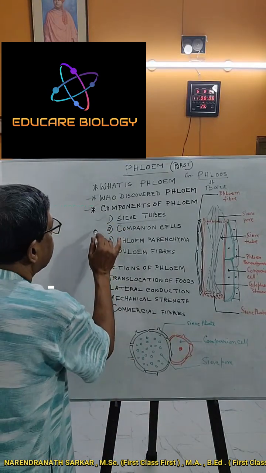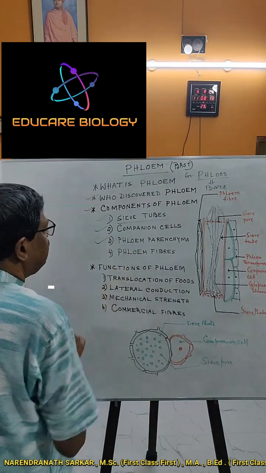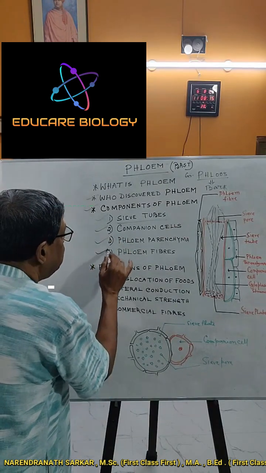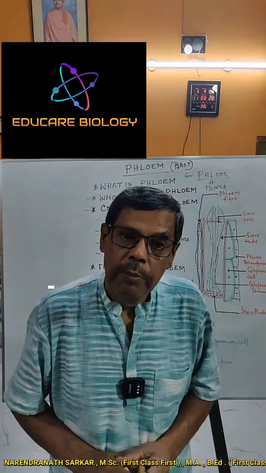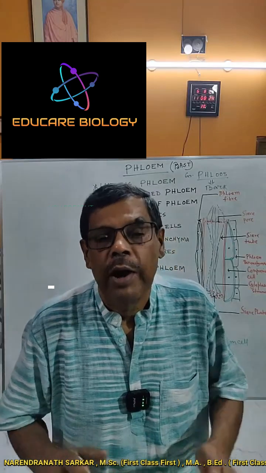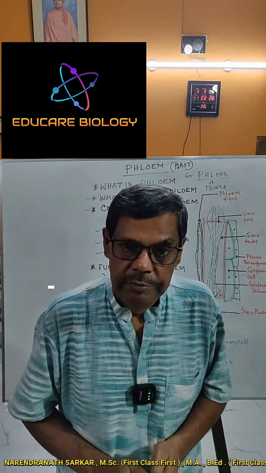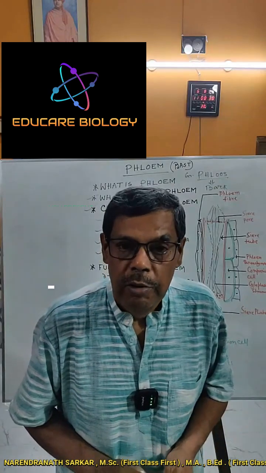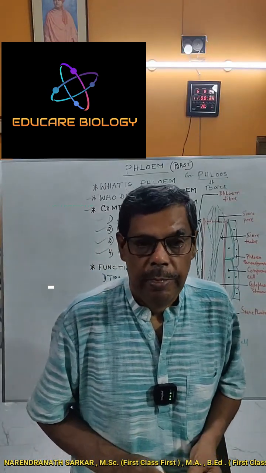Next, companion cells. Next, phloem parenchyma. Next, phloem fibers. Another cell may be found in phloem in the case of gymnosperms, devoid of the others, which is called sieve cells. This is the primitive type of cell component of phloem.